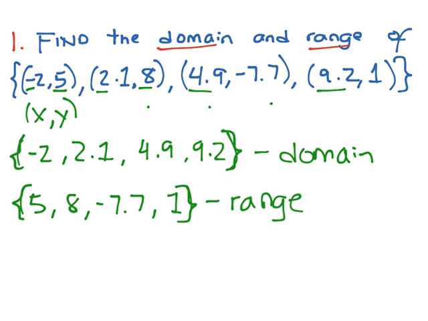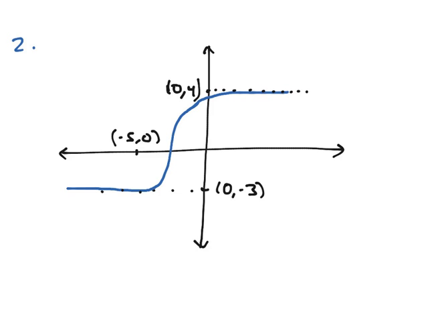Now let's try doing this for a graph. Note that this line extends forever in both directions here. Now, let's find the domain and range of the function expressed by this graph. Now, the domain is all possible x values.